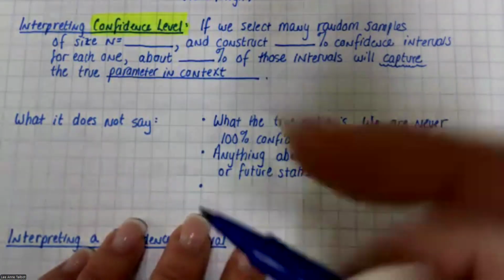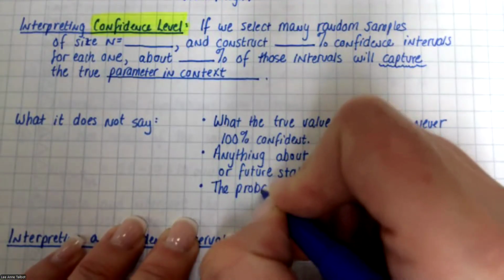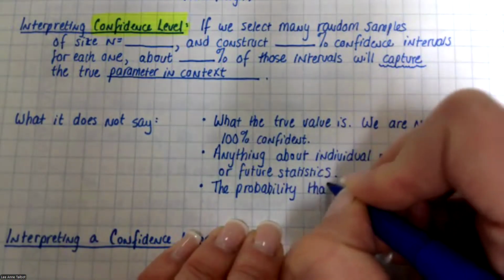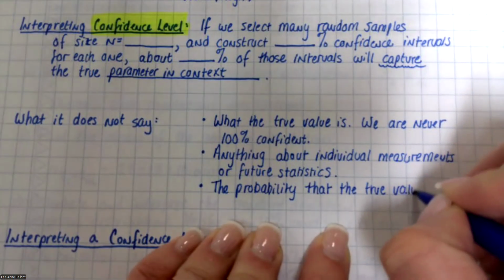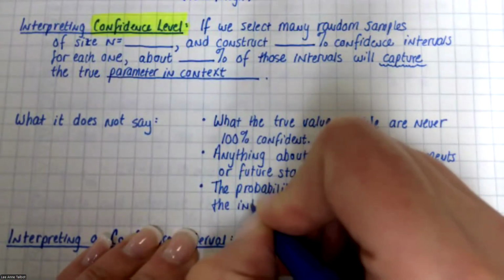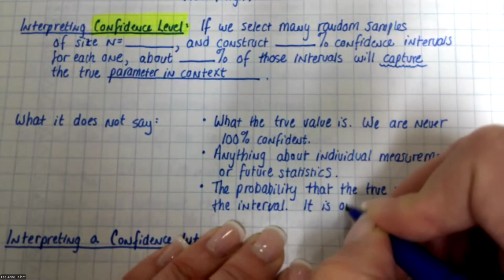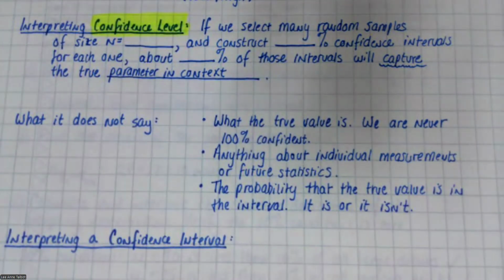Okay, and this one people are not gonna love, but it's not saying that there's a 95% chance that 60 is in your interval.